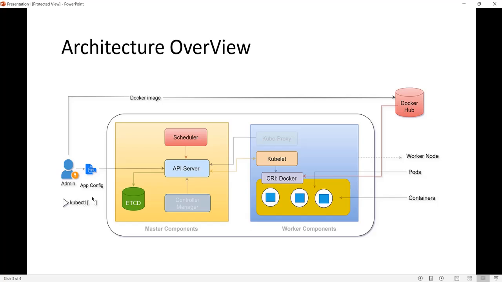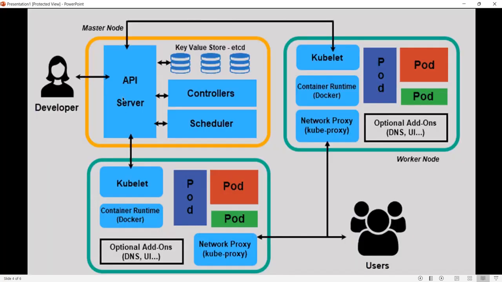Let's understand the flow in the next diagram. So this is my diagram. Suppose I am a developer and I want to create one new pod. I have a requirement for a new pod inside which I need to run some XYZ application. So what I will do is run kubectl.